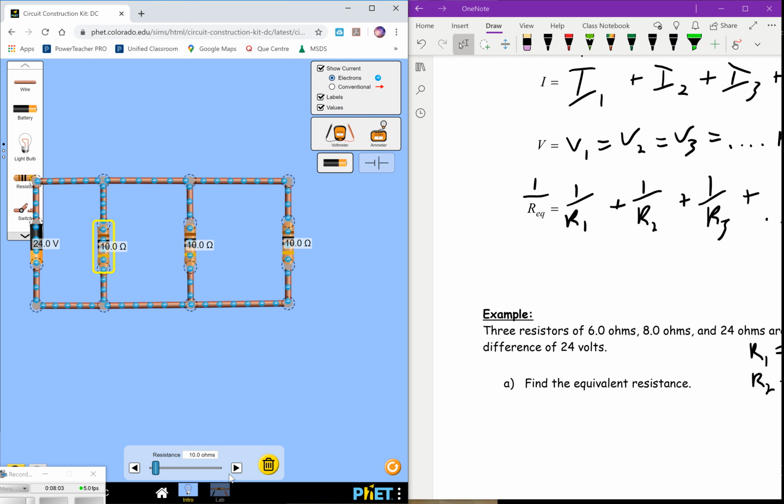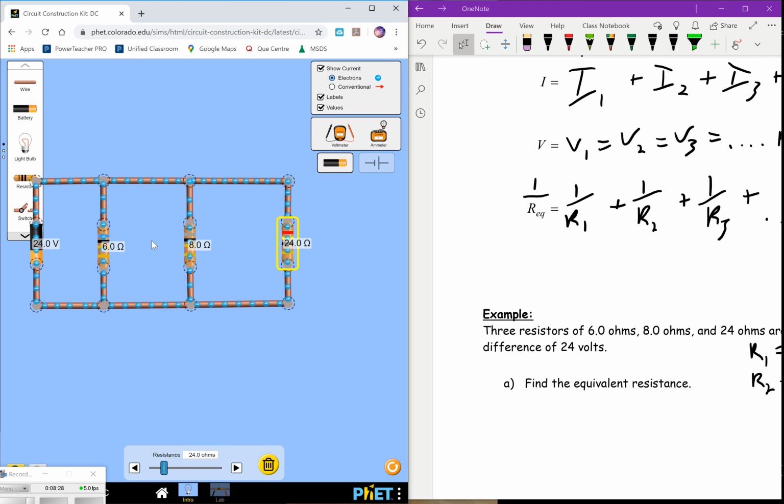And each resistor here, we have one at 6, 8, and 24. We'll keep this set up a similar way here. And this one will go to 24. And now we have our circuit.